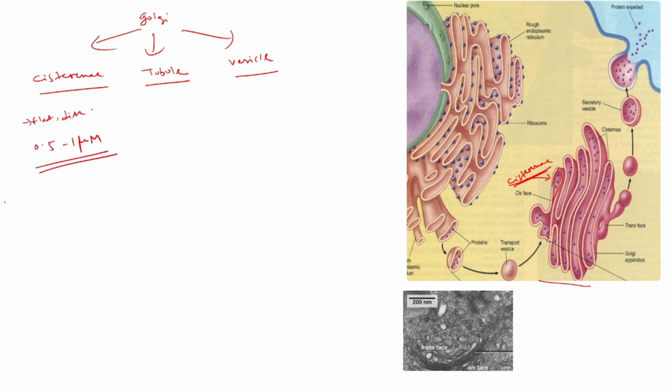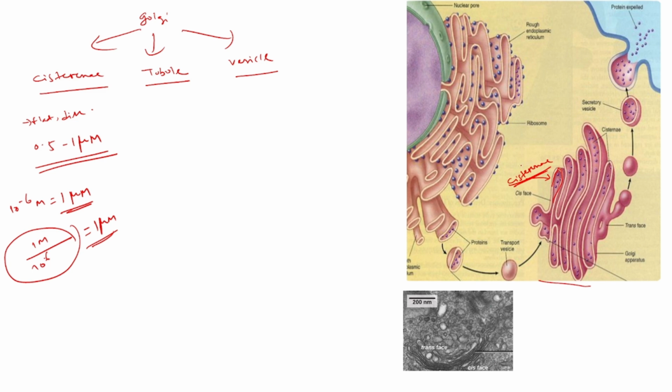What is a micrometer? Simply, 10 to the power minus 6 meter is equal to 1 micrometer. So 1 meter divided by 10 to the power 6 is 1 micrometer. So this is the diameter of the cisternae.